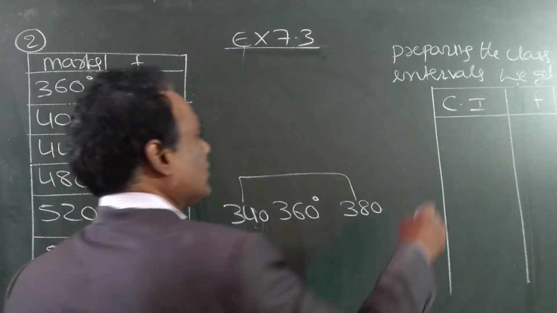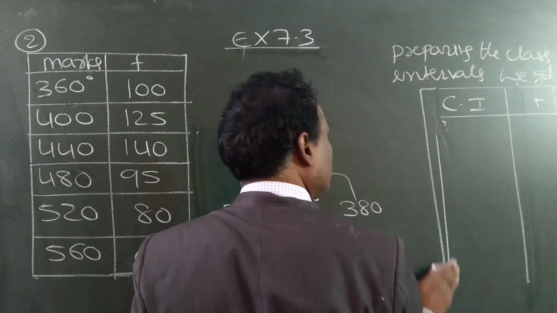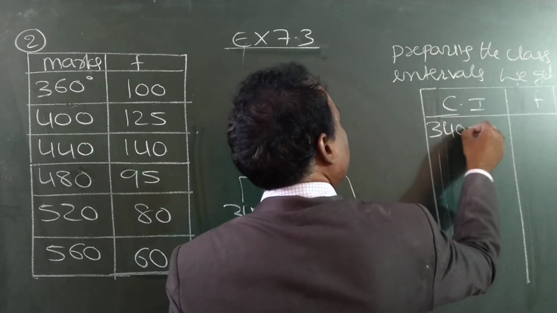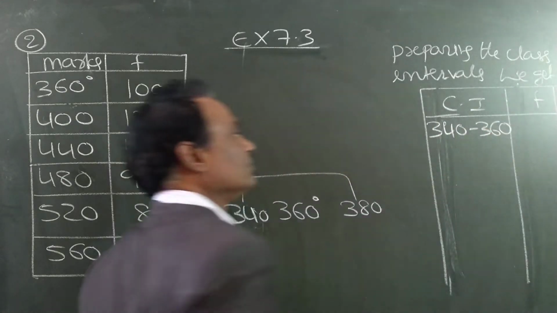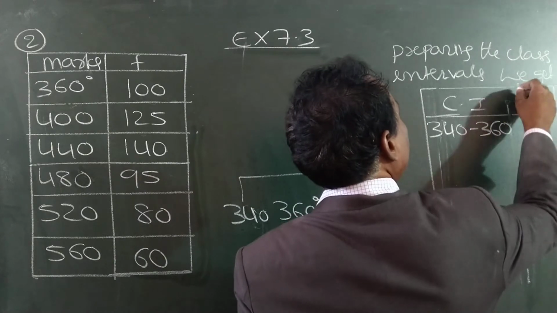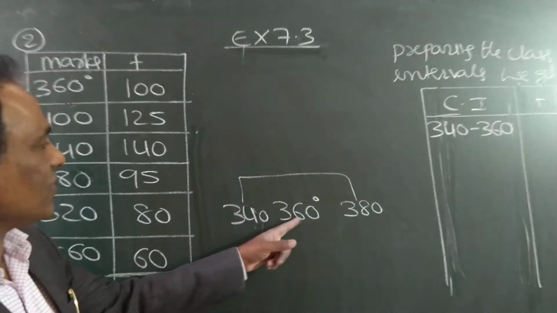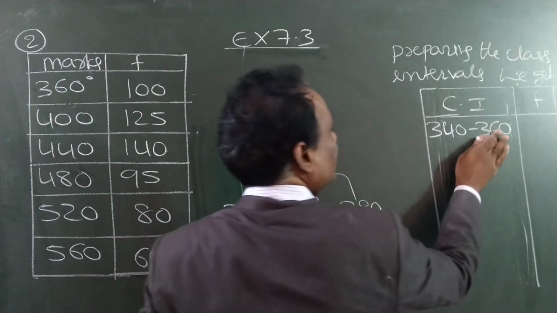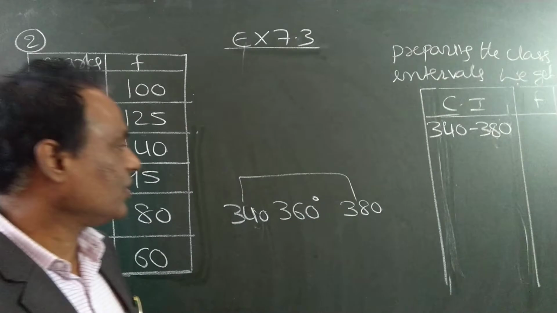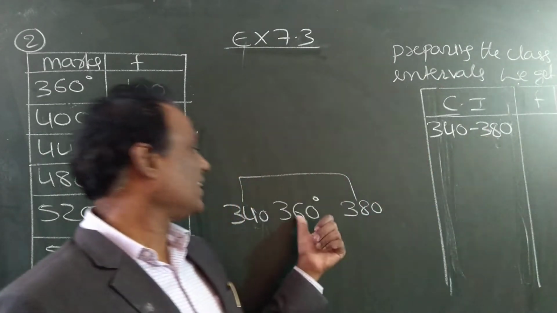So first class is what, students? 340 to 380. This is the class interval. Mid value 380 plus 340 is 720, by 2 is 360.